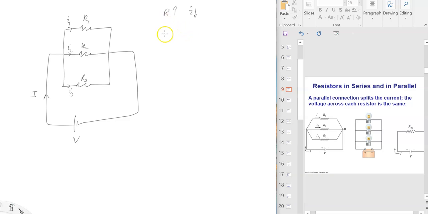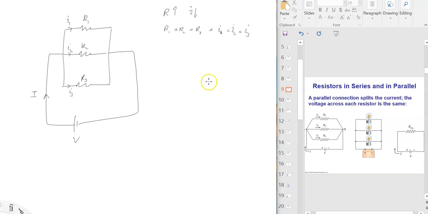If the resistors are equal, if R1 equals R2 equals R3, then I1, I2 and I3 will be equal. If 2 resistors are equal, they will have equal currents in them. If all 3 are equal, the total current will be divided by 3, like if you have 12 amperes coming in, it will be 4 amperes, 4 amperes and 4 amperes.